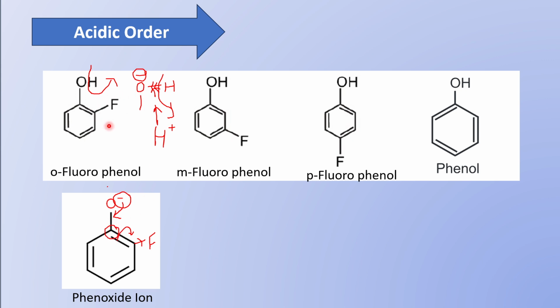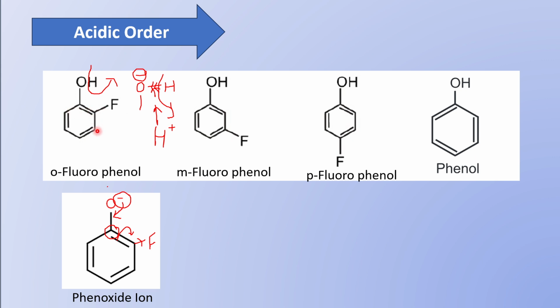Okay, so now, as we have established a few facts about the inductive effect, the minus I effect, it is a distance dependent effect, right? So as we see over here in orthofluorophenol, it is at the ortho position. What exactly is the ortho position? It is the first position attached to the functional group. The functional group is the OH group over here, and the first positions are this one and this one, so both of these can be called ortho positions.